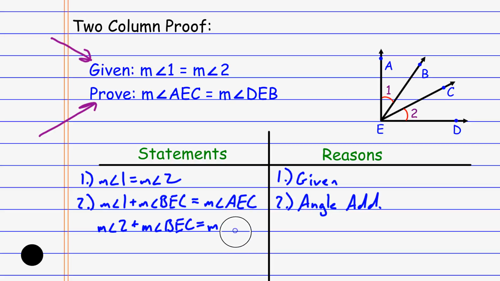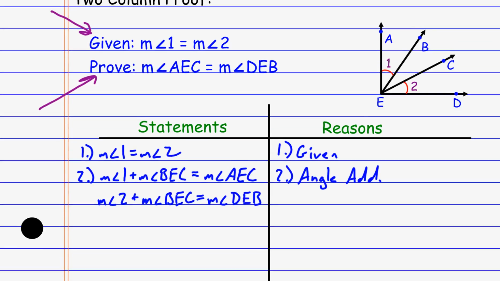I'll state it that way since that's the way it's written in my prove statement. And again, that's the same reason, that's angle addition. So I'm going to include all of that in step 2. It's just an easy way to abbreviate this so there's a little bit less to write, and that's why I label these things and number them. So now I know that each of those statements is true because of angle addition.